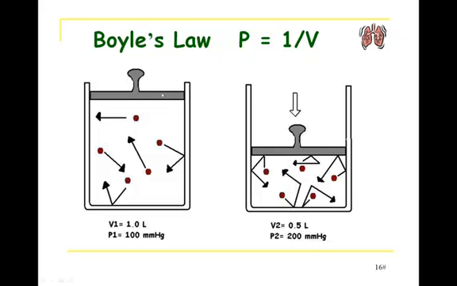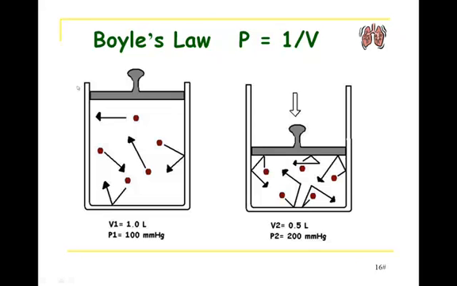So let's look at it. We have a container filled with little particles of gas molecules, and it's showing you the volume of the container and the pressure. The pressure in that container comes from the gas molecules colliding with the walls of the container.